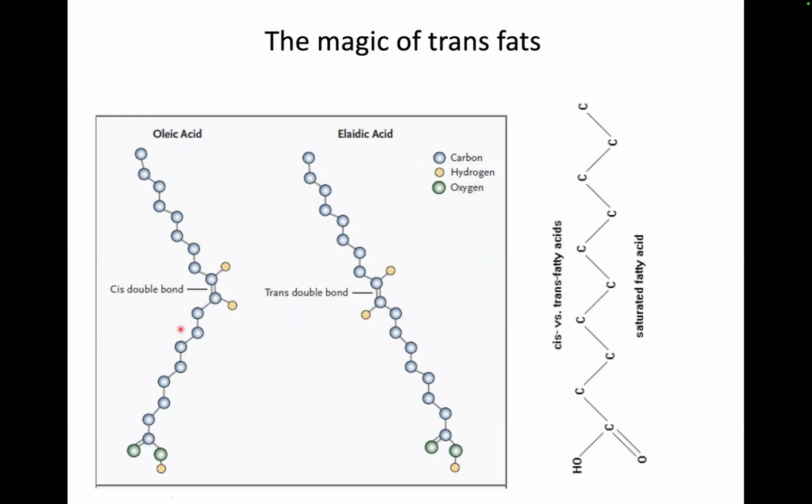The most common one at the time, pre-trans fatty acids, were things like lard, based from animal fats, very expensive to make. Obviously, you need animals in order to make it. And so nutritional scientists got the bright idea that if you can convert this cis double bond to a trans double bond, it is a lot straighter of a structure. This is elaidic acid here.